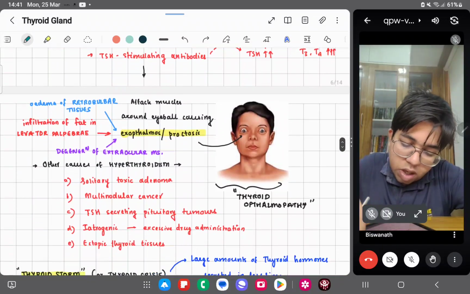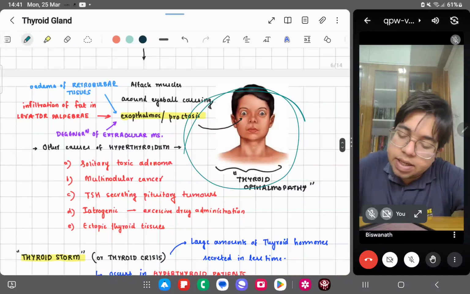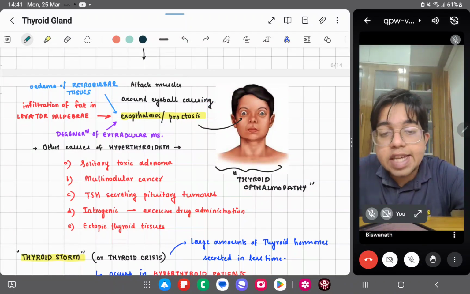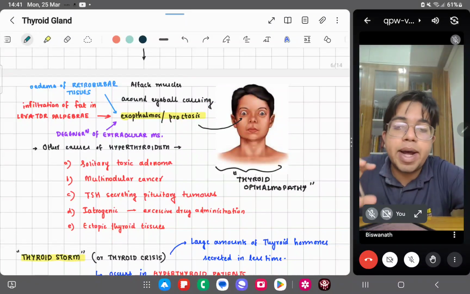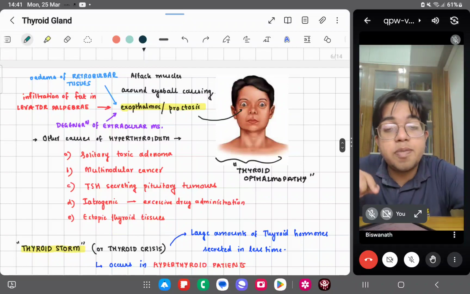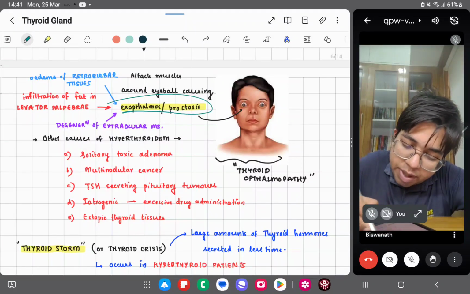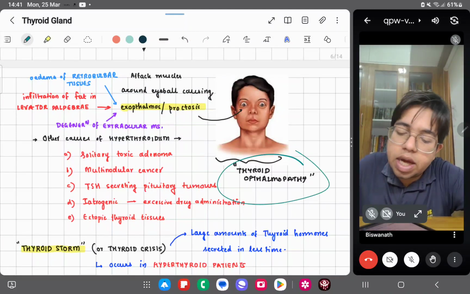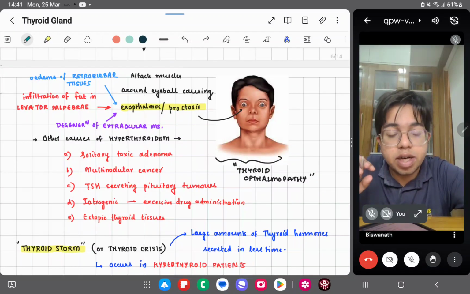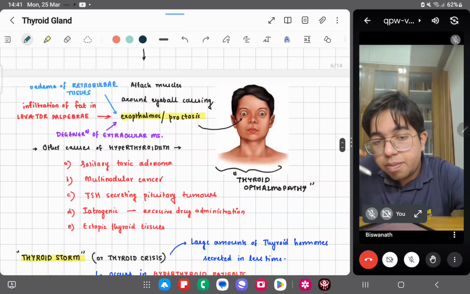What will be the effect? You can see a condition called exophthalmos or thyroid ophthalmopathy, also called proptosis. Three terms: exophthalmos, proptosis, or thyroid ophthalmopathy. It affects the muscles around the eyeball.